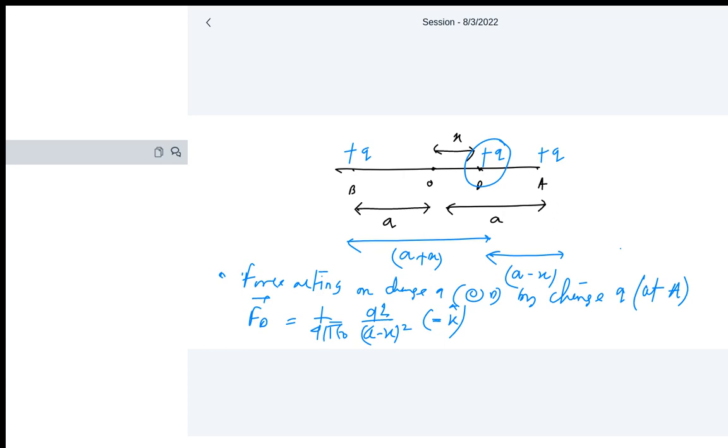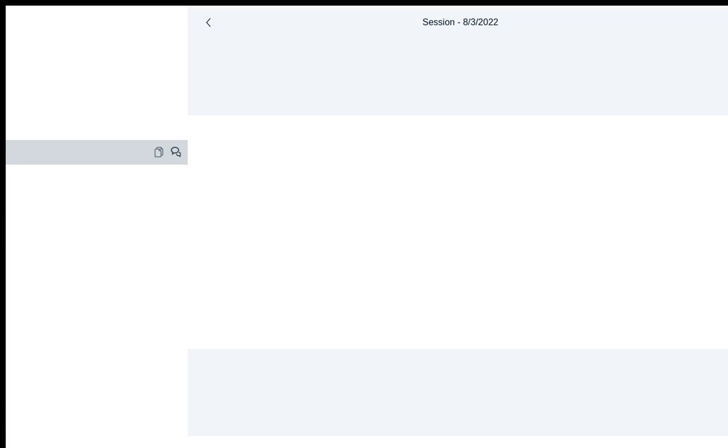Why negative? Because of direction, negative x direction.